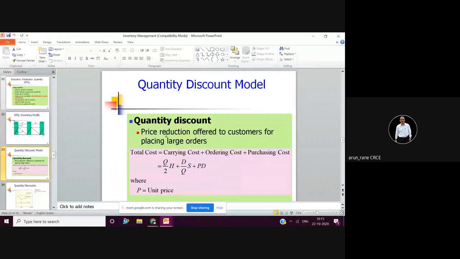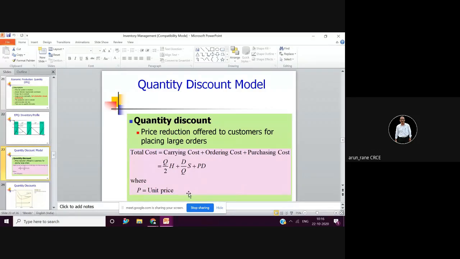Suppose you are taking 2 pieces versus 50 pieces, it matters a lot in terms of cost. So if you are considering quantity discount, the total cost comes as carrying cost, that is the holding cost, plus your ordering cost, plus your purchasing cost.